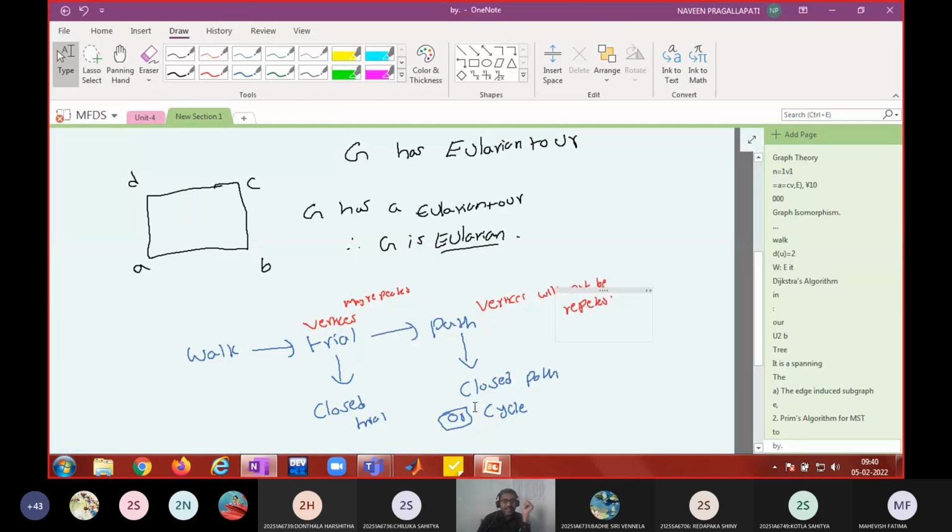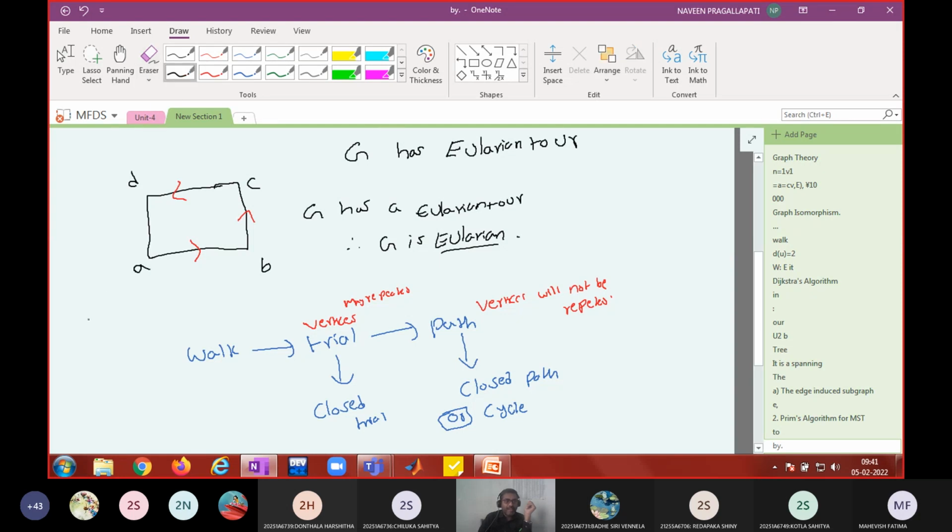Okay. So in this case, is this Hamiltonian? You start with vertex A, visit B, visit C, visit D. What is one path? You can omit this one.